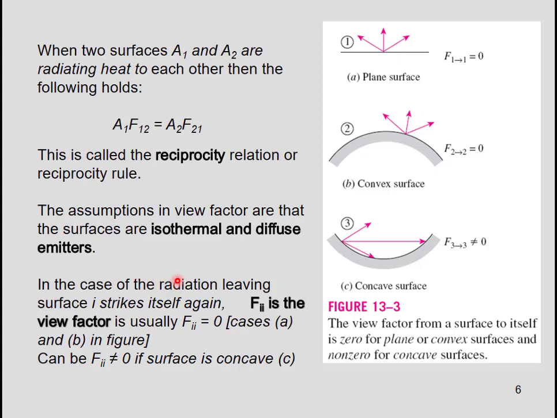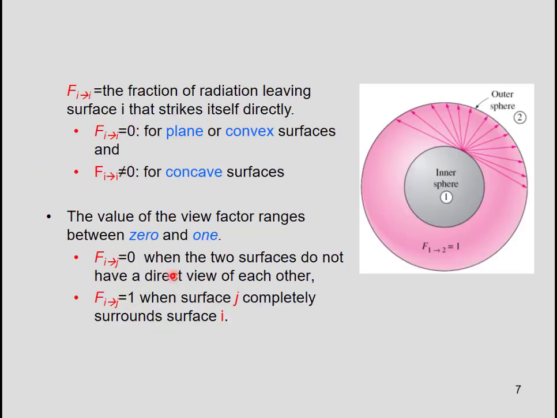As you can see here, this is a repetition of what I told you for different surfaces and the relationship between them. For plane and convex surfaces, the self view factor is 0. For the concave ones it is not 0.